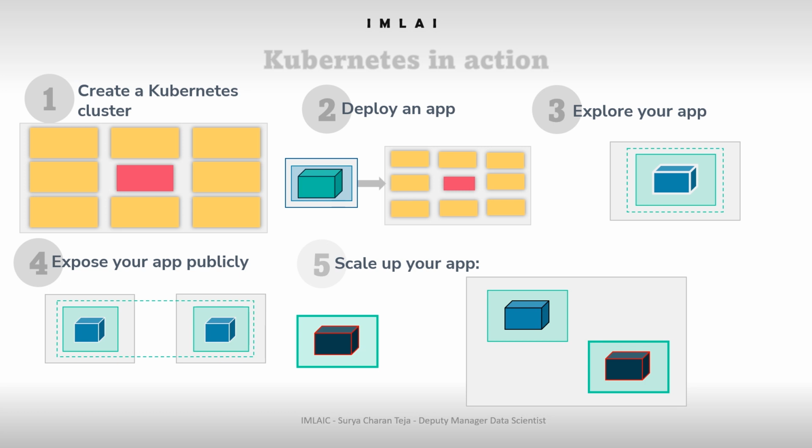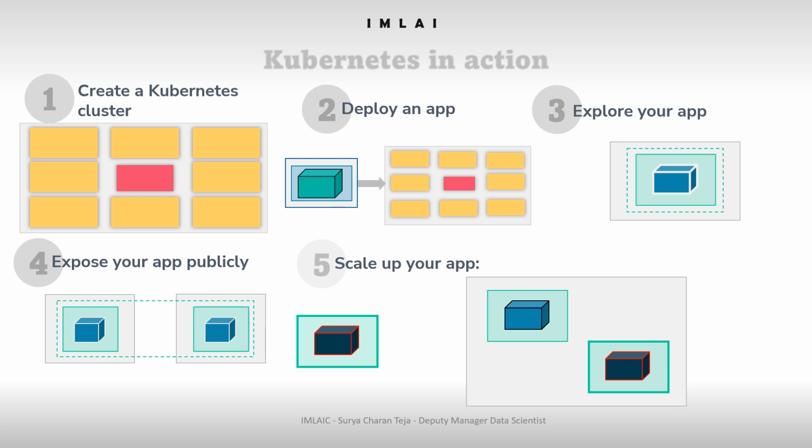Services enable a loose coupling between dependent pods. A service is defined using YAML or JSON, like all Kubernetes objects. The set of pods targeted by a service is usually determined by a label selector.